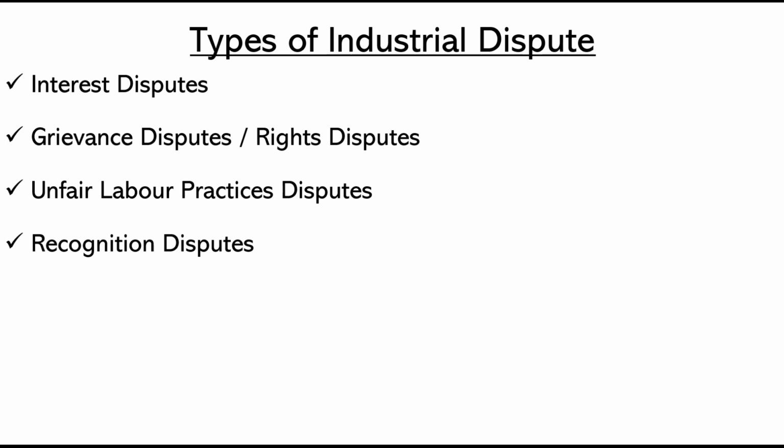So then this kind of dispute happens, and mostly it should be settled through conciliation. That means through some kind of mediation. Okay, so that is how it is solved.